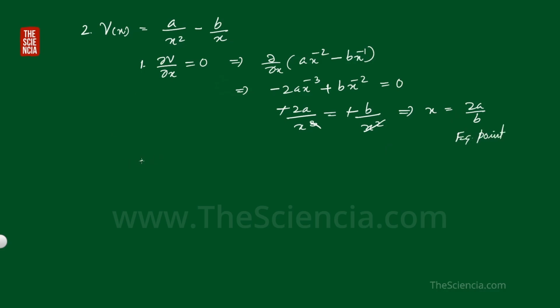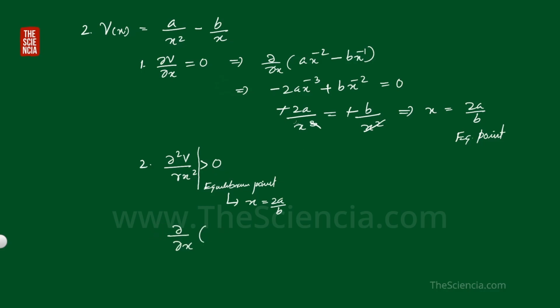Now we have to find out whether this equilibrium point is stable or unstable. Only a stable equilibrium will have a frequency of oscillation. So the condition is that ∂²V/∂x² should be greater than 0 at the equilibrium point for stability. Here the equilibrium point is x = 2a/b, right? Now we evaluate the second derivative of the potential.